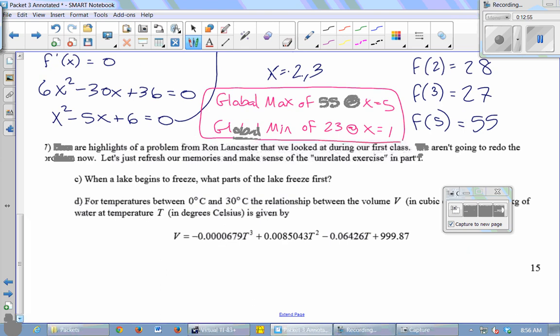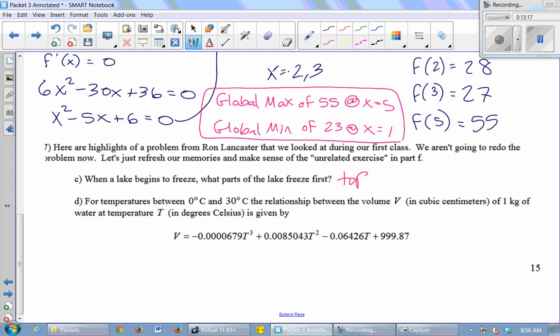Okay, so let's think about this problem that we talked about on the very first day of class. It had to do with how a lake freezes. Right, when a lake begins to freeze, what part of the lake freezes first? The top, yeah. Okay, so for temperatures from 0 to 30, the relationship between the volume of 1 kilogram of water at temperature T is this cubic, right?